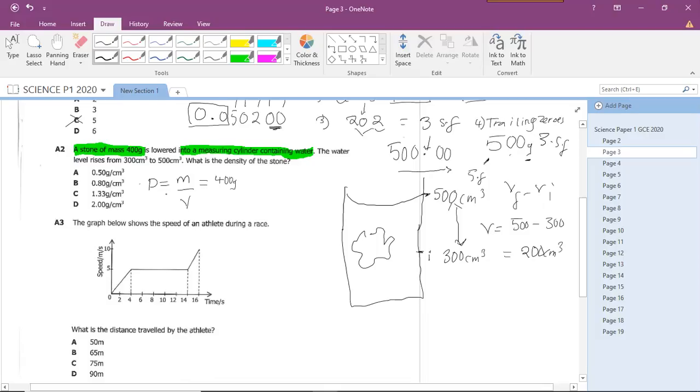So we're going to say, all right, density is equivalent to mass over volume. The mass is 400 grams over the volume, which we measured because of the water displaced, it became 200 cubic centimeters. Make sure you know your units. Density is either in standard SI units, which is kg per cubic meter, or in reduced SI units, which is grams per cubic centimeter.